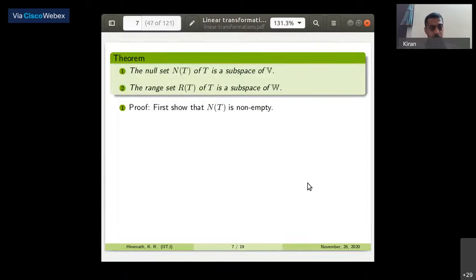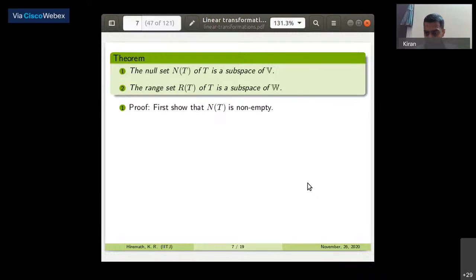Let's think about the null space of T. The first natural question we need to ask is, are we talking about some meaningful sets or not? Is this set empty or non-empty? Non-empty, zero exists. How can you say so?